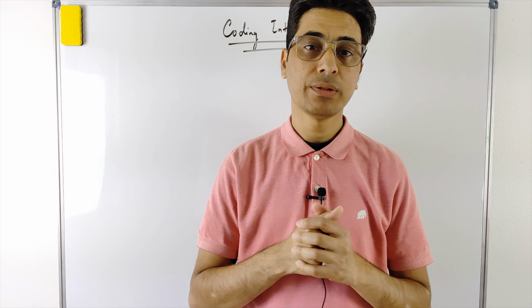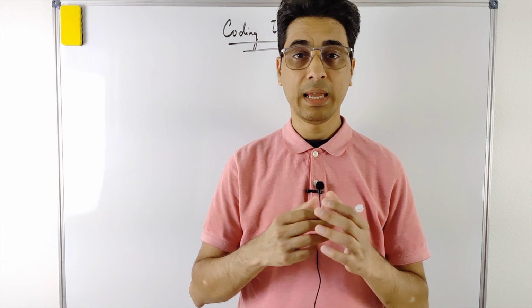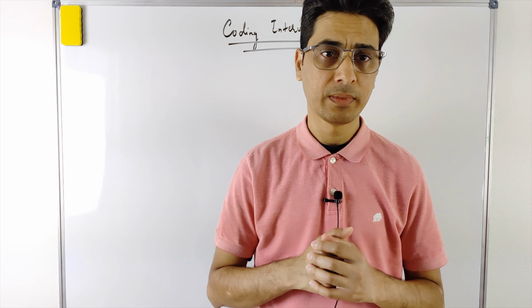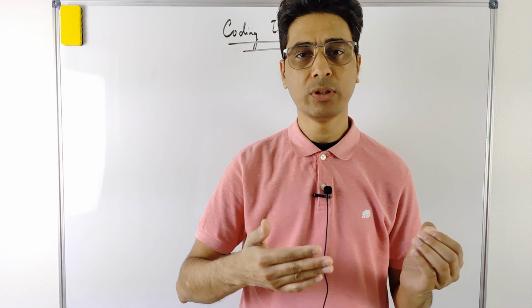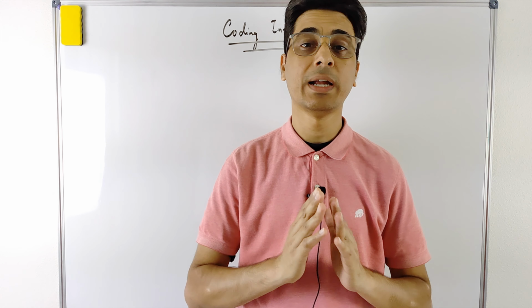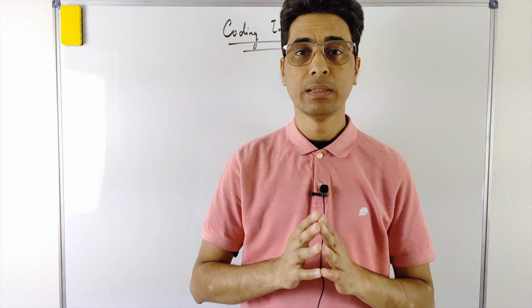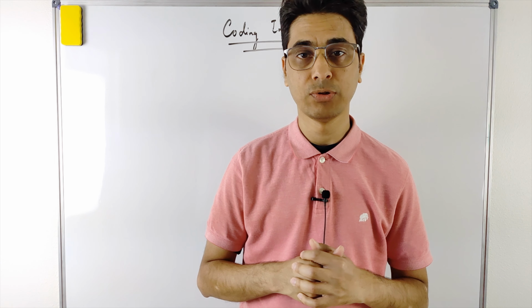Discuss the pros and cons of those 2 approaches, and then identify which approach is better. Usually after that, writing the code shouldn't take more than 5 to 10 minutes. As I said, almost 80 to 90% of the problems require writing less than 10 lines of code.